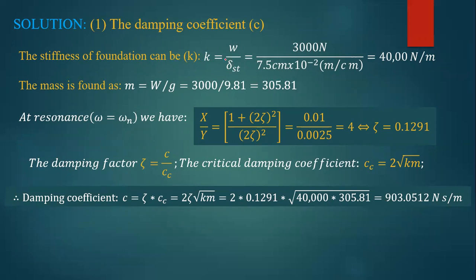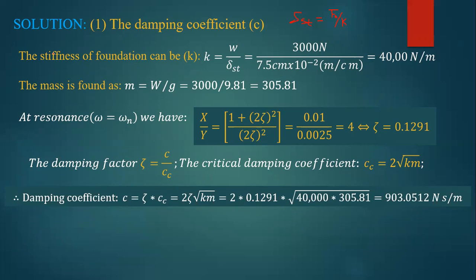We know delta ST, the static deflection, is equal to F naught over K. So K is equal to F naught over delta ST.